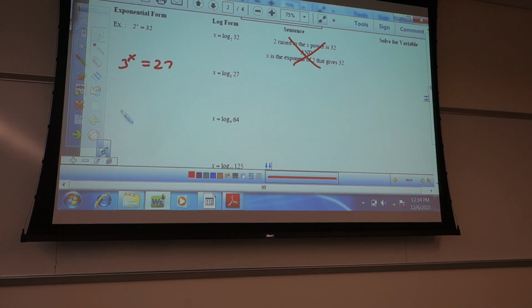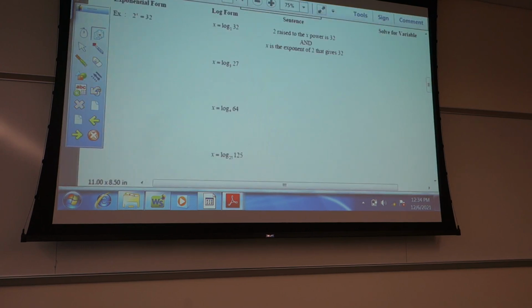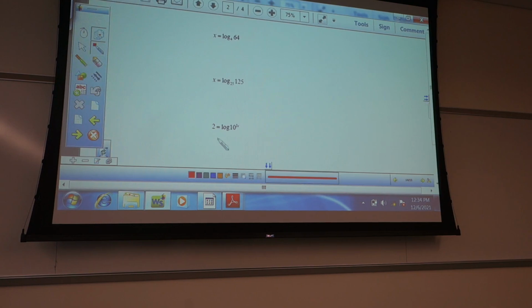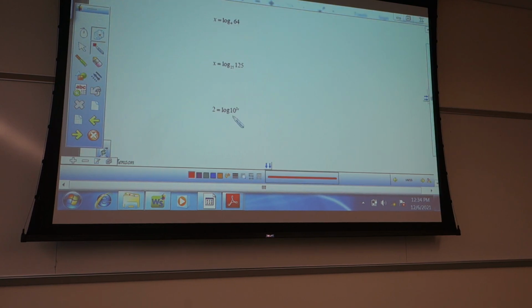Here, 4 is my base, x is my exponent, 64 is my answer. The very last one, which is not on here, has no base. Everyone see there's no base down here? You assume the base is 10. So 10 is my base. What's my exponent? 2. That has to equal my answer. 10 to the 3t.